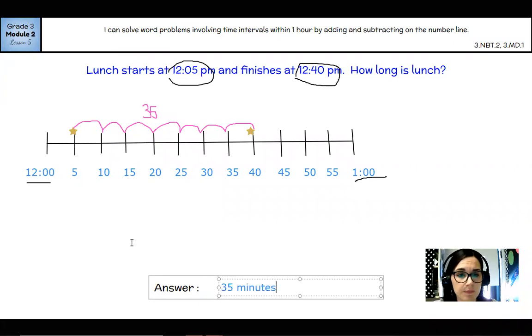See that? Every jump, every interval represents 5 minutes on a number line, just like every number on the clock represents 5 minutes. That's how number lines and clocks are very much alike. That's why we can use a number line to help us.